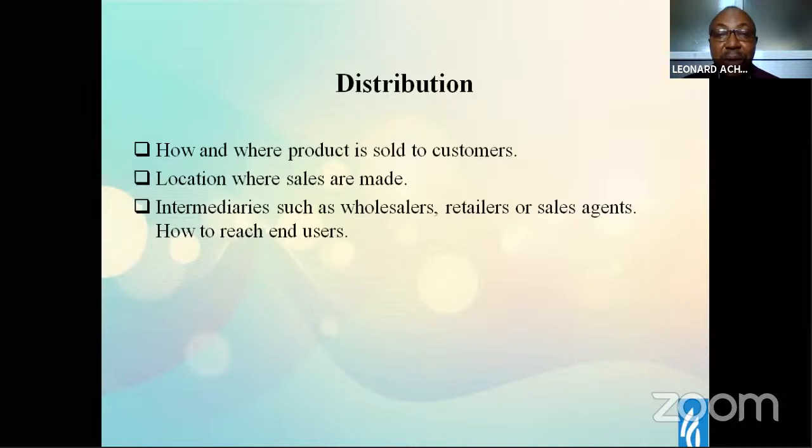One is how and where product is sold to the customers. You must know how and where. The how could be, are you going to use wholesalers, retailers, sales agents, or you are selling direct to the end users? That is the how. And where the product is to be sold, the marketplace.